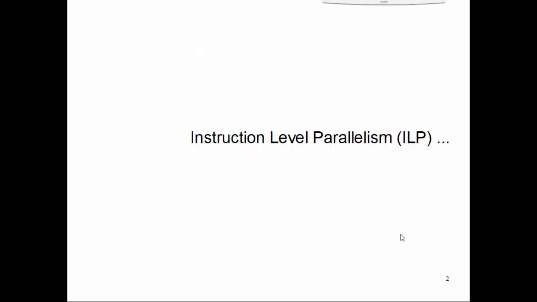So it's called ILP. Full form is instruction level parallelism. The idea here is that, as in the pipeline, we want to execute two or more independent instructions in parallel to boost up performance of a processing system.